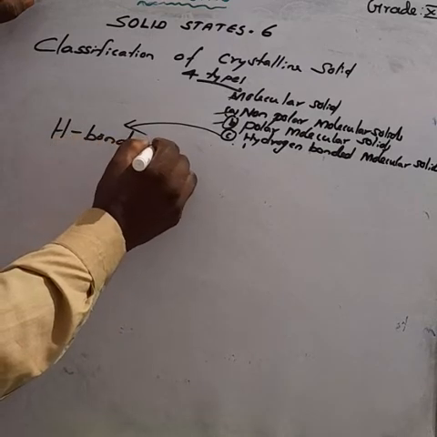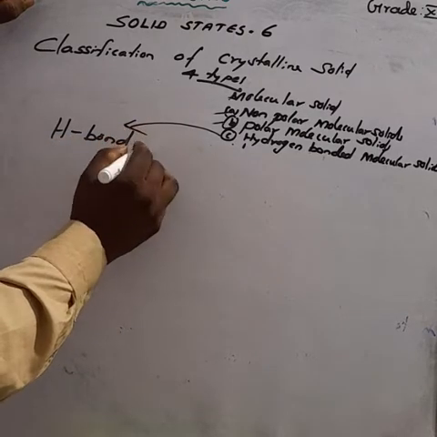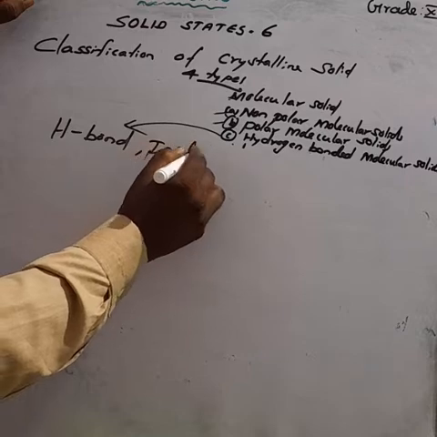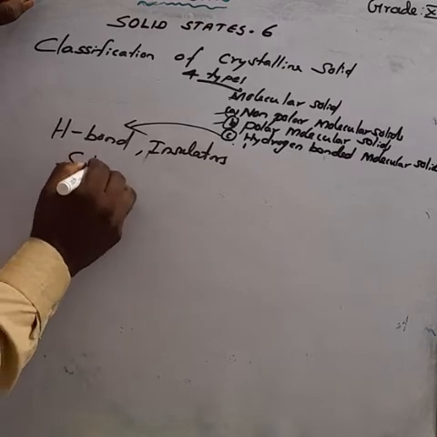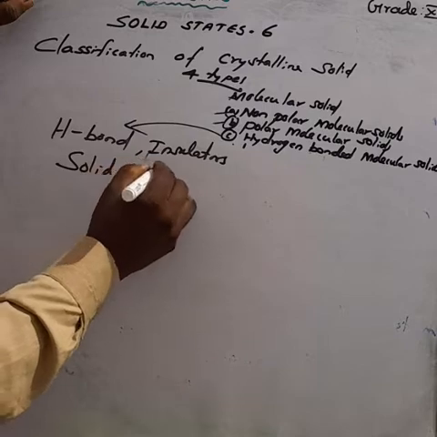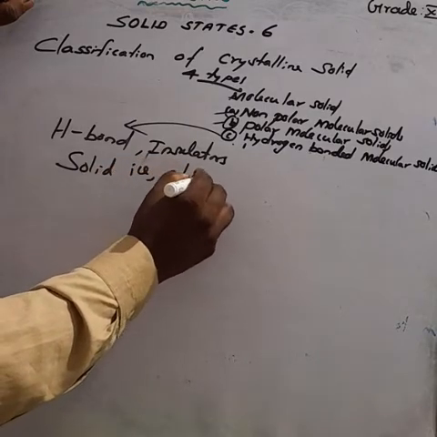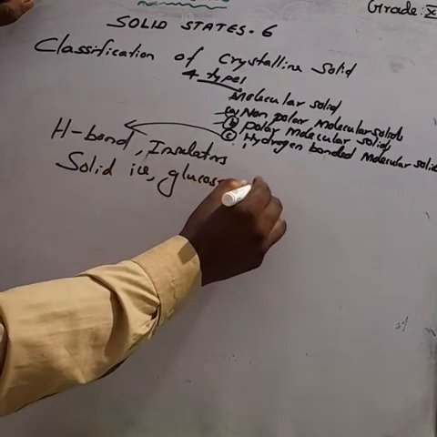This is also an insulator. It cannot conduct electricity. The examples are solid ice, glucose, urea, etc.